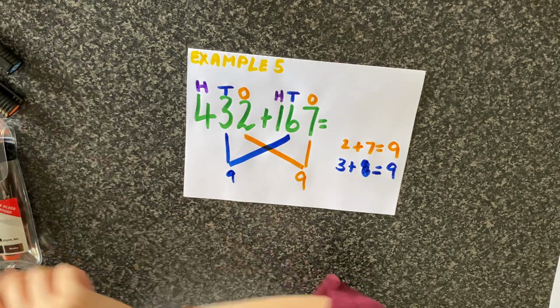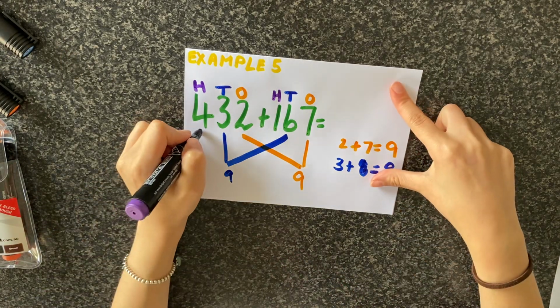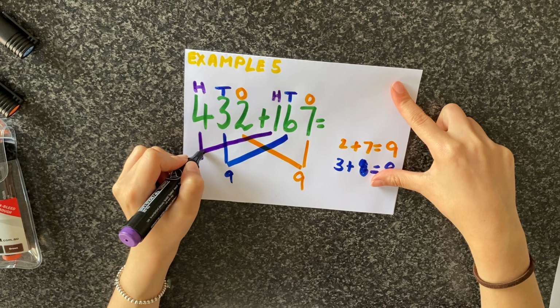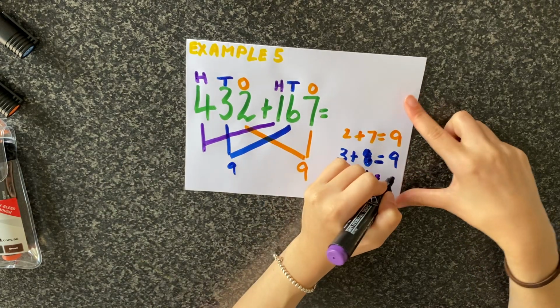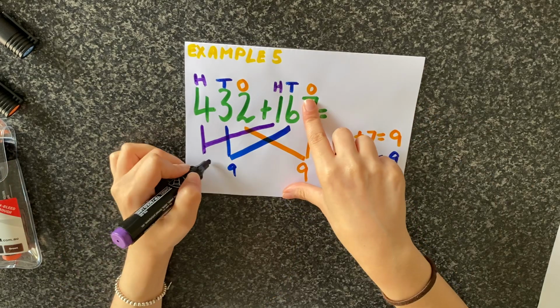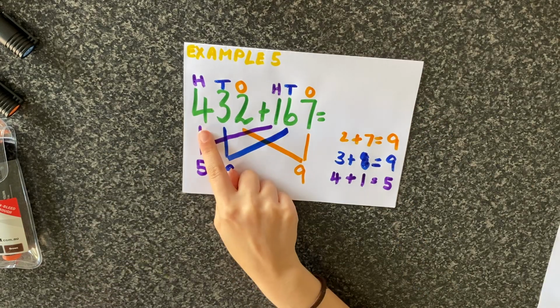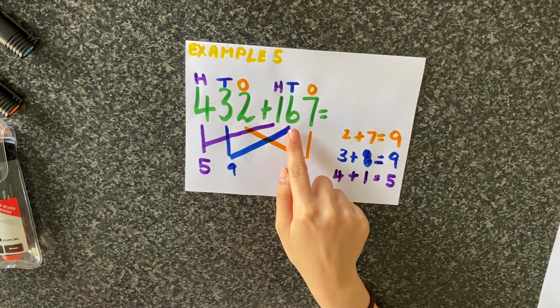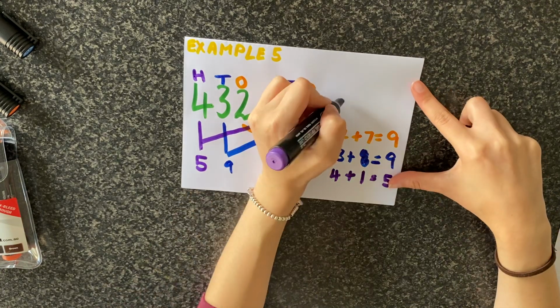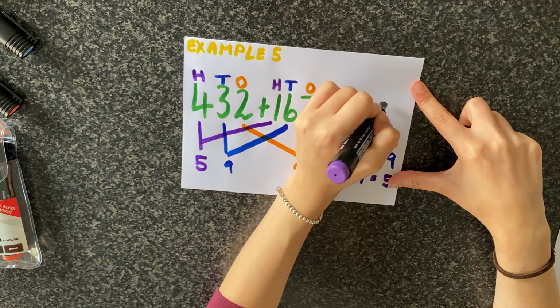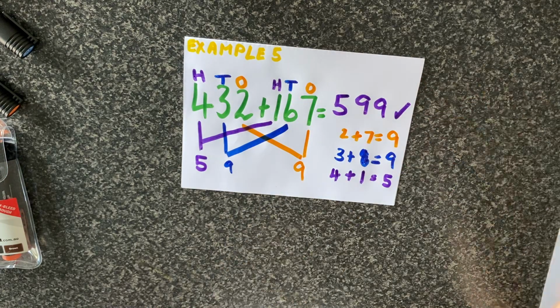And I've got my last one, which is here. I've got 4 plus 1, which gives me 5. So the answer to 432 plus 167 is 599. So I can write that here and be confident that I got that one correct as well.